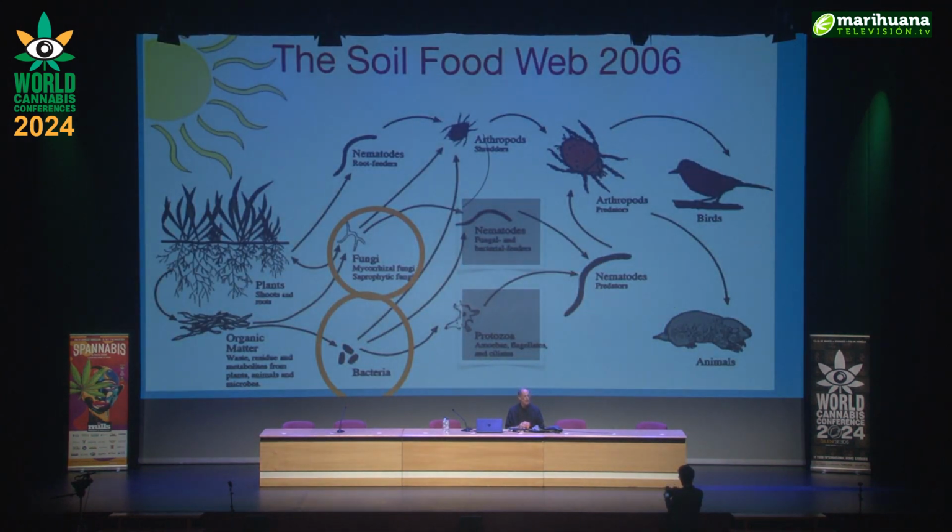The way the soil food web used to work in 2006, when Teeming with Microbes came out, the plant would produce these exudates. The exudates would attract bacteria and fungi. The fungi and bacteria would attract nematodes and protozoa. They ate the fungi and bacteria, pooped out the excess, and it became usable by the plant.